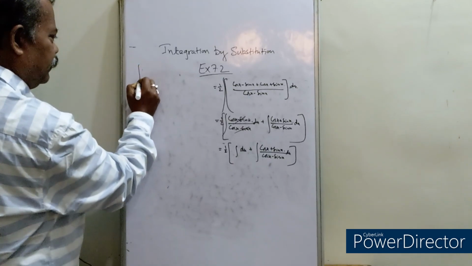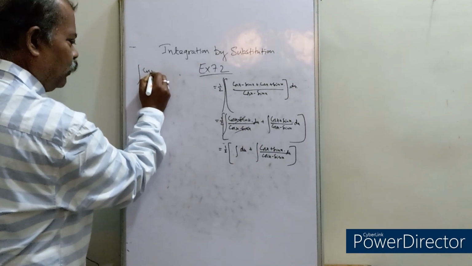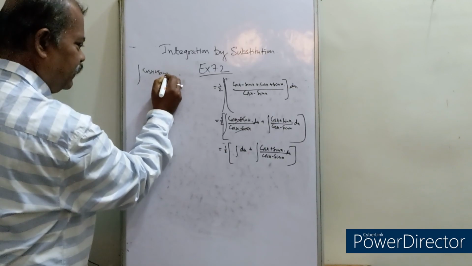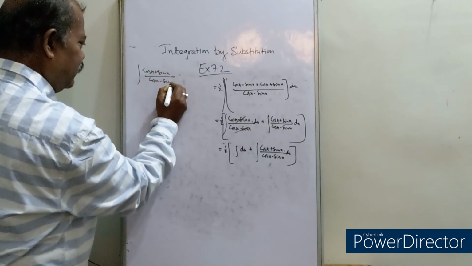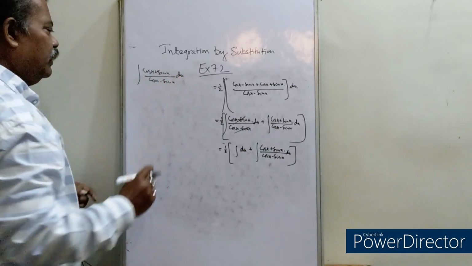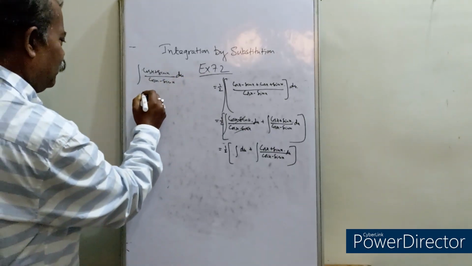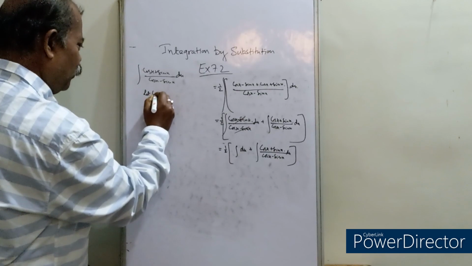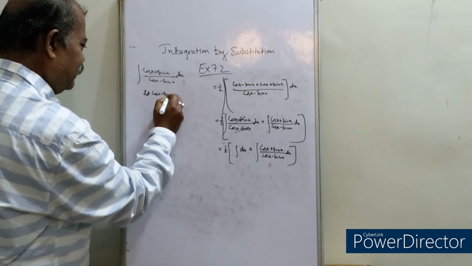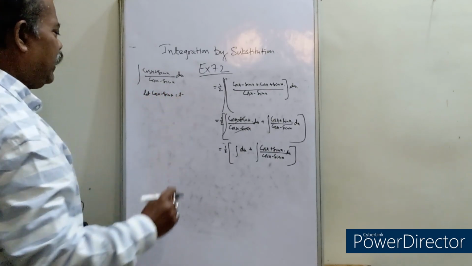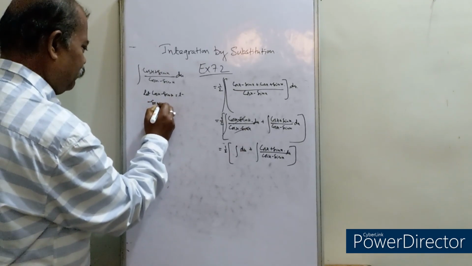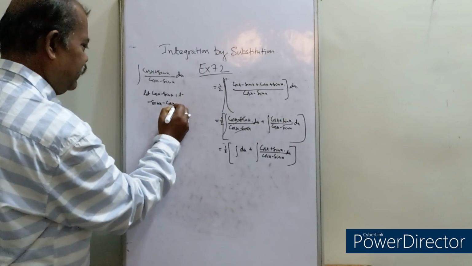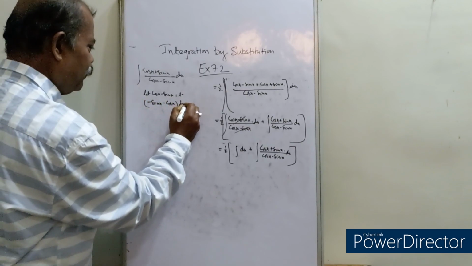So this will be the integration of cos x plus sin x by cos x minus sin x dx. Now let cos x minus sin x be equal to t. When I differentiate it, you get minus sin x minus cos x dx is equal to dt.